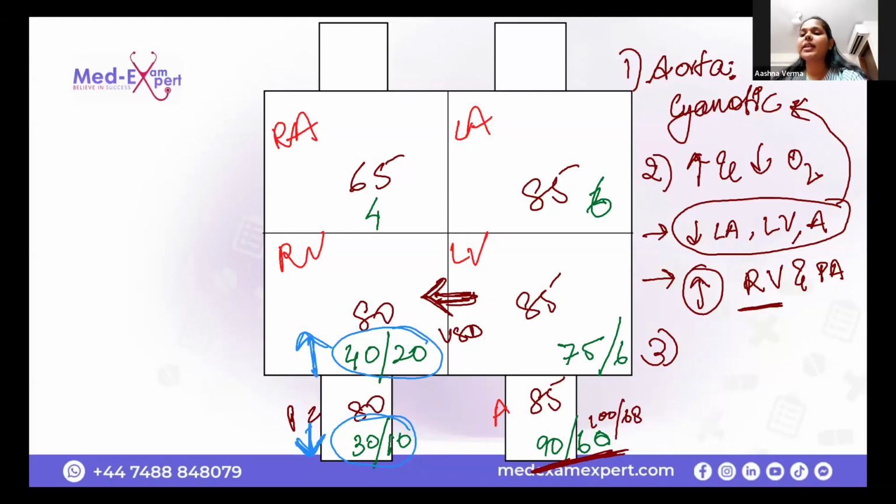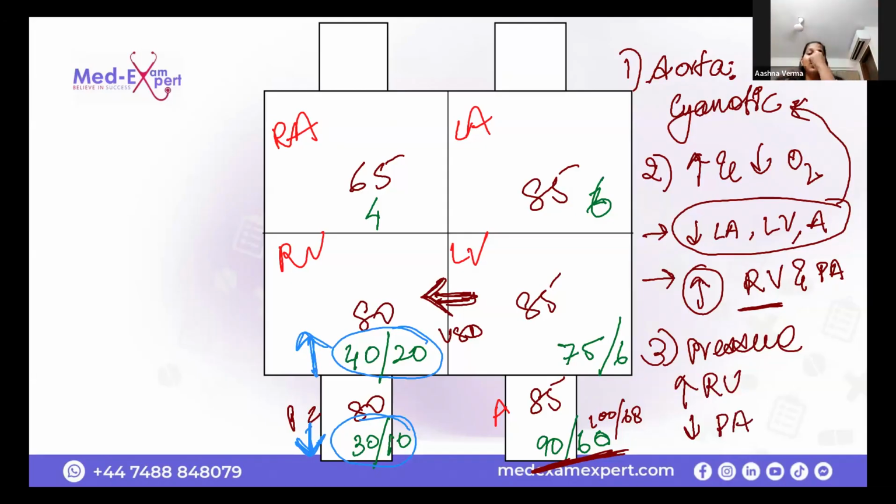Okay. So the third thing is to look at the pressures, and we have figured out that there is abnormal increase in the pressure of right ventricle and abnormal decrease in the pressure of pulmonary artery. Now, this suggests that there is some kind of stenosis, some kind of obstruction at the level of right ventricle and between the right ventricle and the pulmonary artery, which is RVOTO, that is right ventricle outflow tract obstruction.